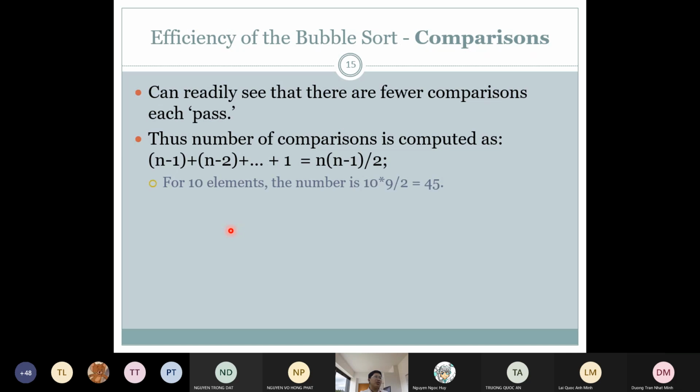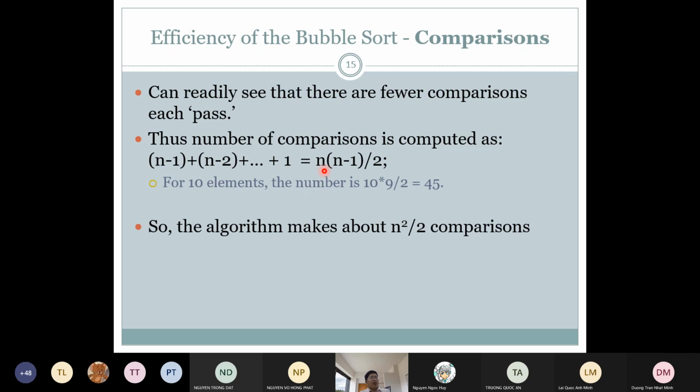But in general, to be precise, the number will be n-1 plus n-2 and so forth. So we have a formula for that: n multiplied by n-1 divided by 2. This is the number of operations we have to do. But anyway, for the complexity, we say n squared for the operations if n is big enough.